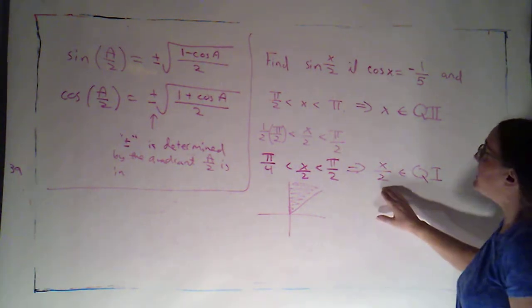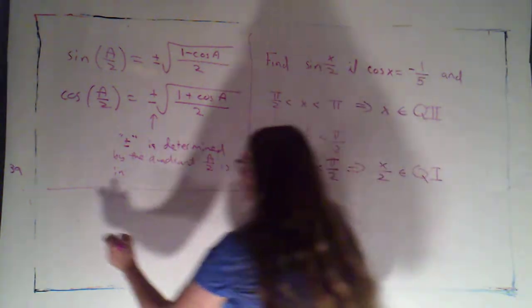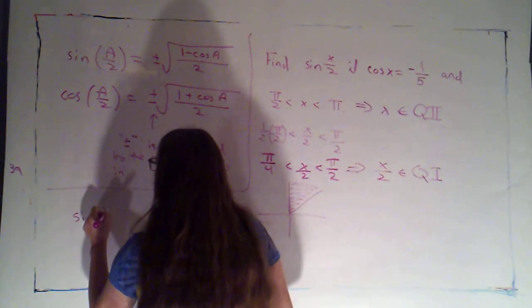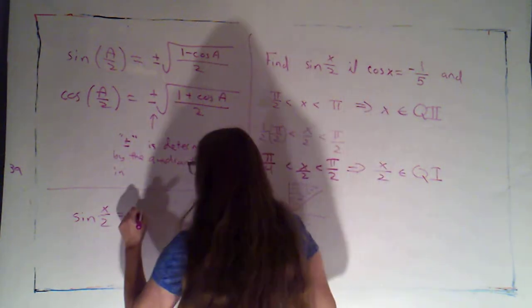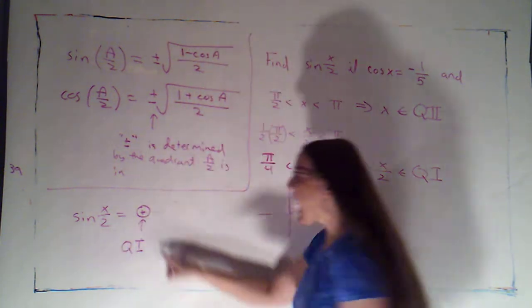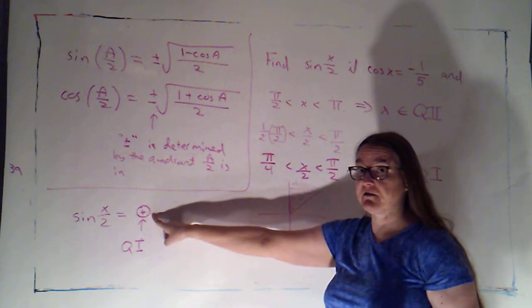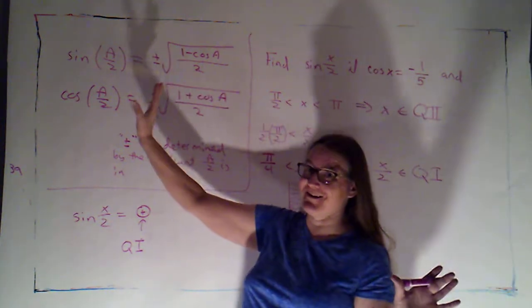You've got to manipulate that to get some information about x over 2. Okay. But now I can say, okay, let's use the half-angle formula. So I'm calling it x instead of a, but sine of x over 2 will be positive, and that's because we're in quadrant 1. I want to see some work to justify that. Okay? So you're not flipping a coin and just picking one of the signs.